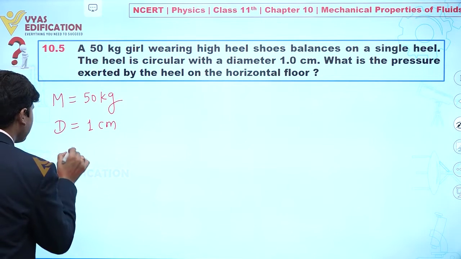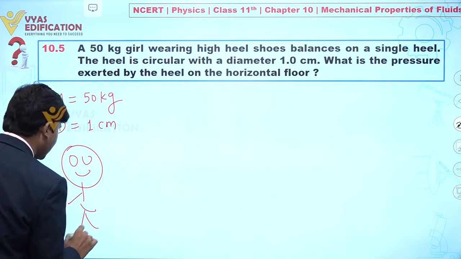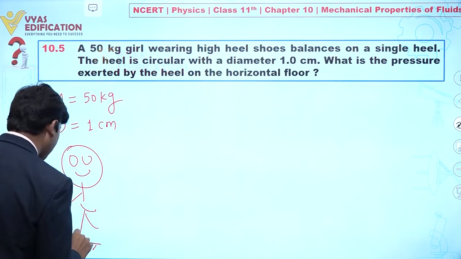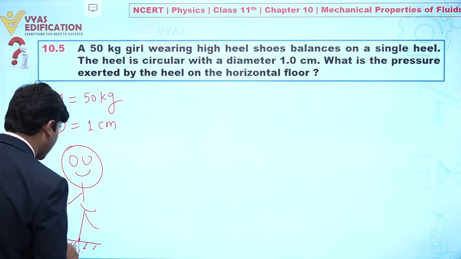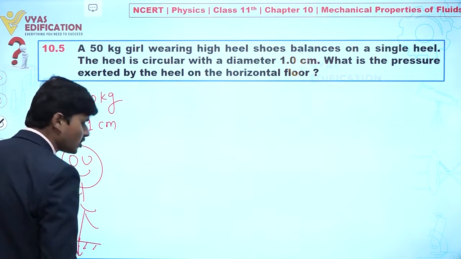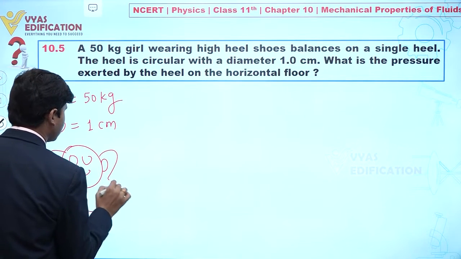Clear? So let's suppose this is a girl, and this girl is standing on a single heel, clear? And definitely this girl will be exerting a pressure P on this horizontal floor. Yes.